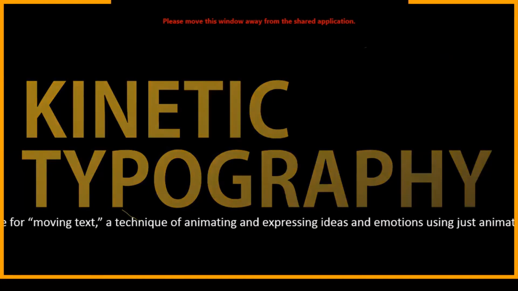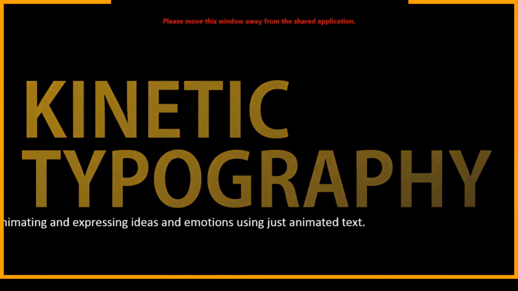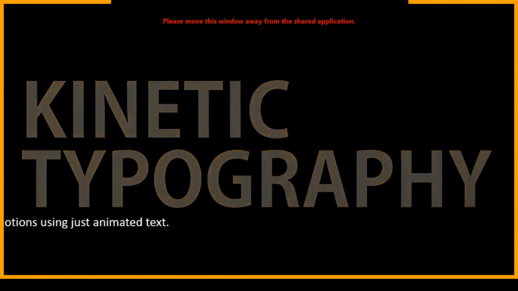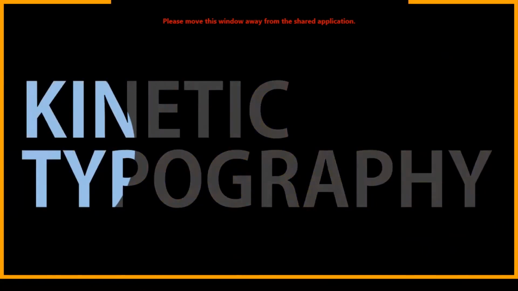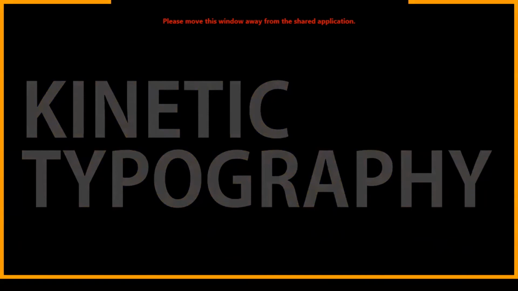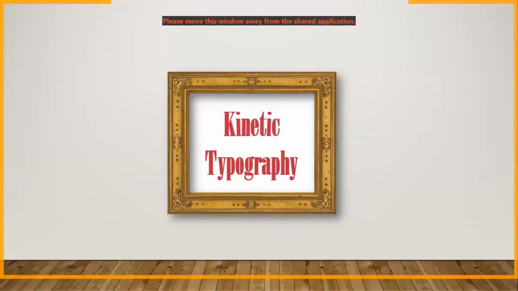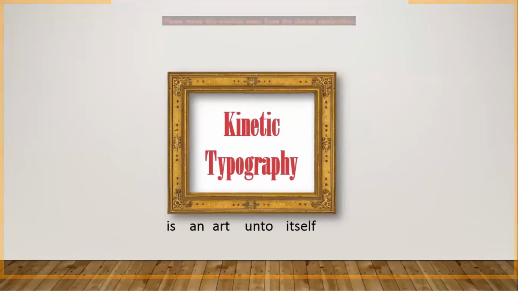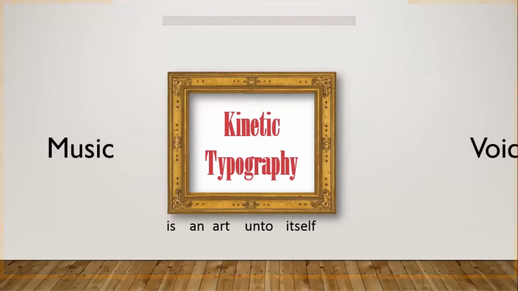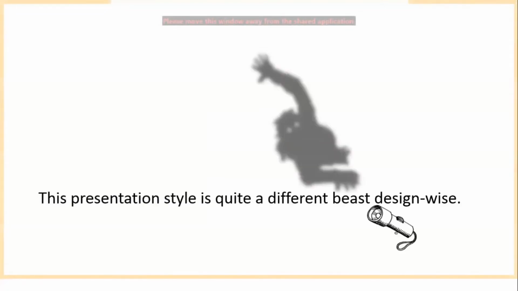The technical word for animating text is kinetic typography. It's a fun way of playing with your slides and making them do exactly what you want. These are all just little examples of things you can do, and I'll show you a couple quick and easy tricks to get started.